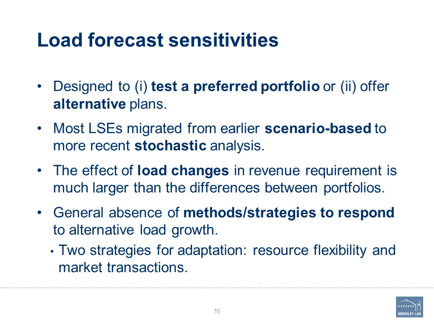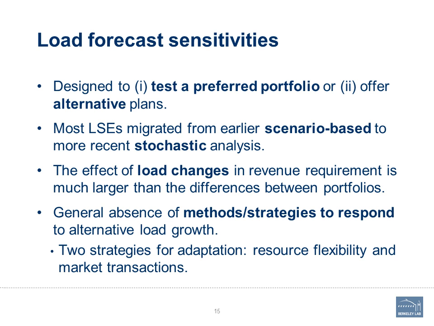The first is what we call the testing of the preferred portfolio. What utilities are doing here is taking their preferred portfolio, once they have analyzed all the possible portfolios, and they just check what the cost differences are if a different load forecast were applied. This means there would be excess capacity if the actual outcome was below the load forecast, or a deficit if it was the other way around.